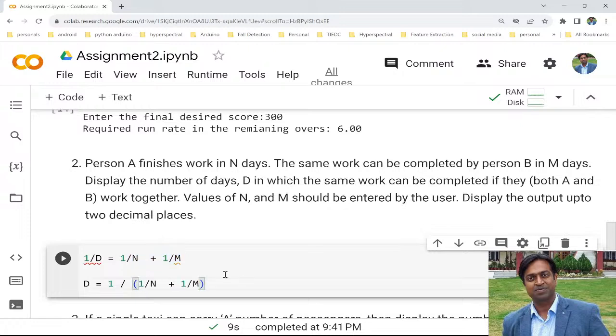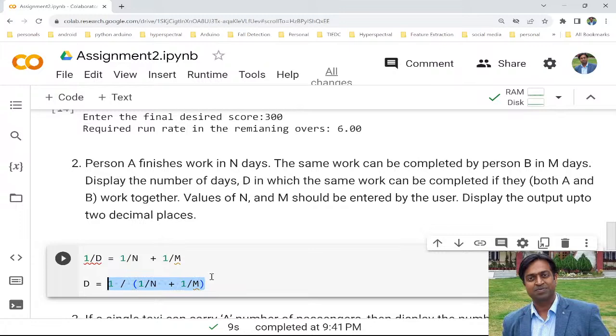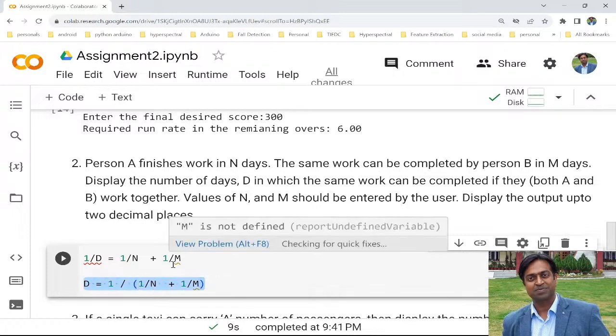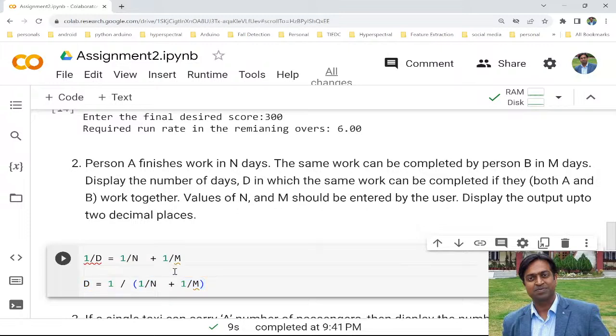So the total number of days required to complete the work, if both A and B are working together, will be given by this. Simply with our school day mathematics, whatever formula we have learned, the same formula we can put in an arithmetic expression of Python using the arithmetic operators.